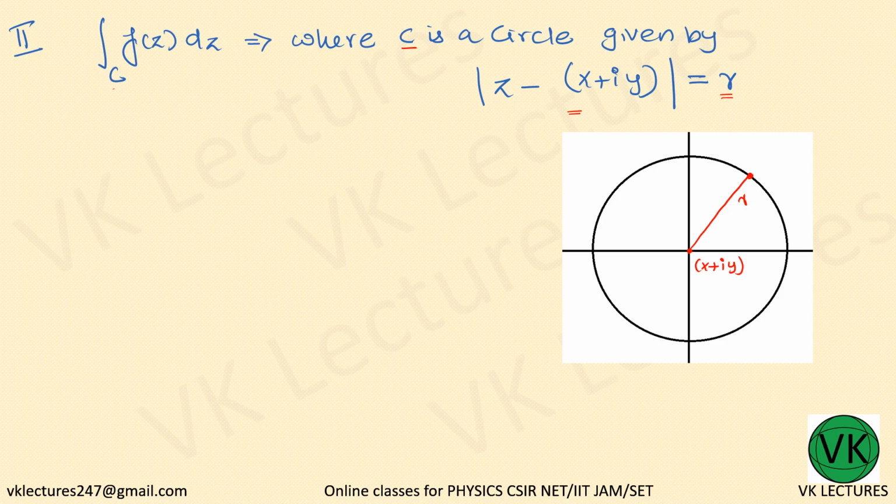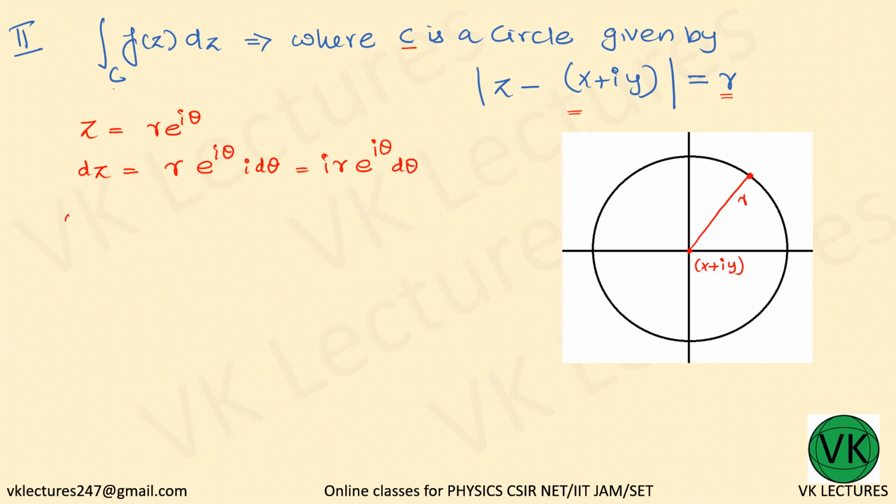Now what we can do is find z, that is equal to r e to the power i theta. So dz will be, this is dz with respect to d theta, r e to the power i theta into i d theta, so that's equal to i r e to the power i theta d theta, that is the dz.